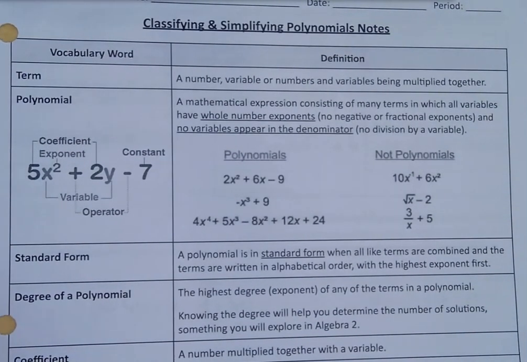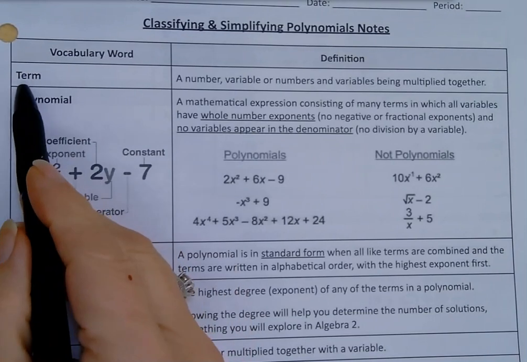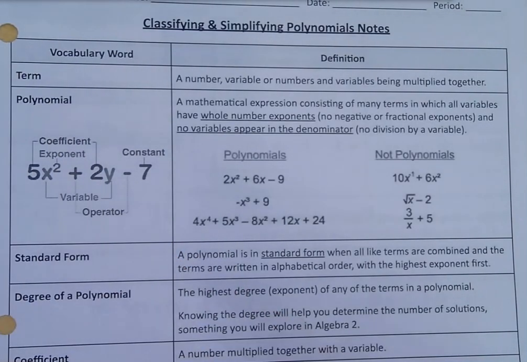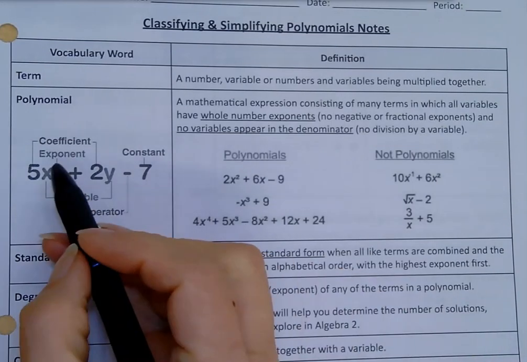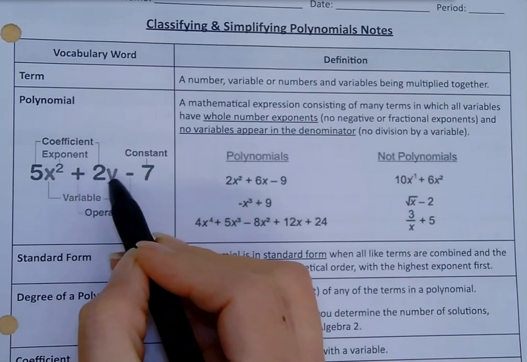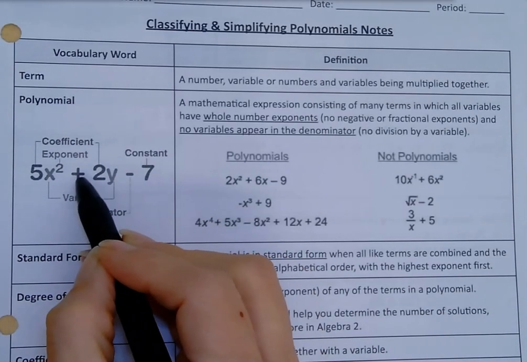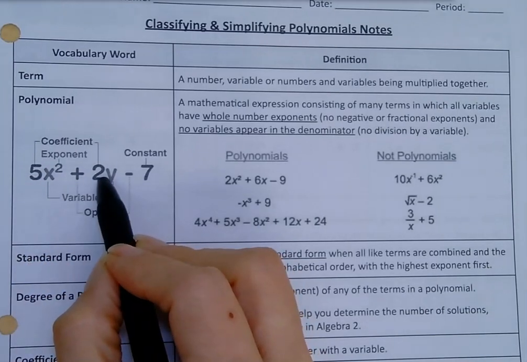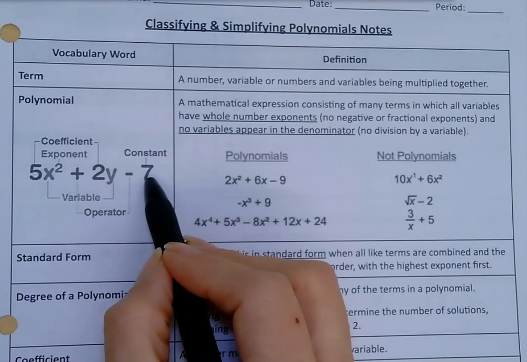All right, so just a reminder, when we are talking about terms, we are talking about things that are being separated by adding or subtracting. So the whole unit, 5x squared here, is separated from 2y by that addition sign. So 5x squared is a term, also 2y is a term. Also over here, 7 is a term.